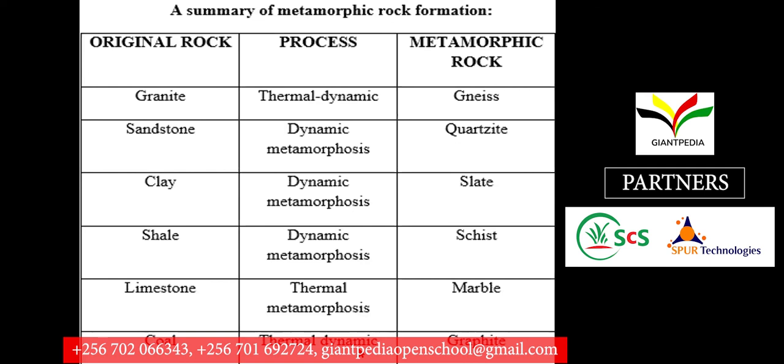While graphite is a metamorphic rock from an organic sedimentary rock. When an organic sedimentary rock like coal is put under heat and pressure, it turns into graphite. So graphite is not the same as what? Granite.